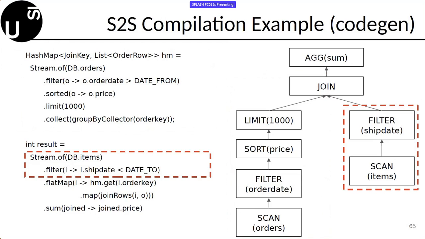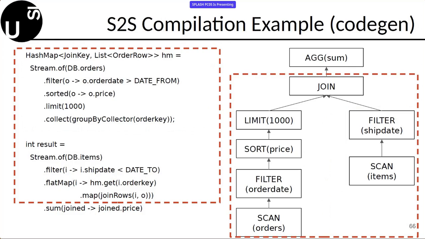The fast ship item virtual table is converted simply into a stream from items filtered by ship dates. Then the join itself is implemented by appending a flat map operation, which defines the matching pairs by performing a hash lookup on the hash map, which gives us a list of orders, and then we map a generated function, which selects the fields of interest.